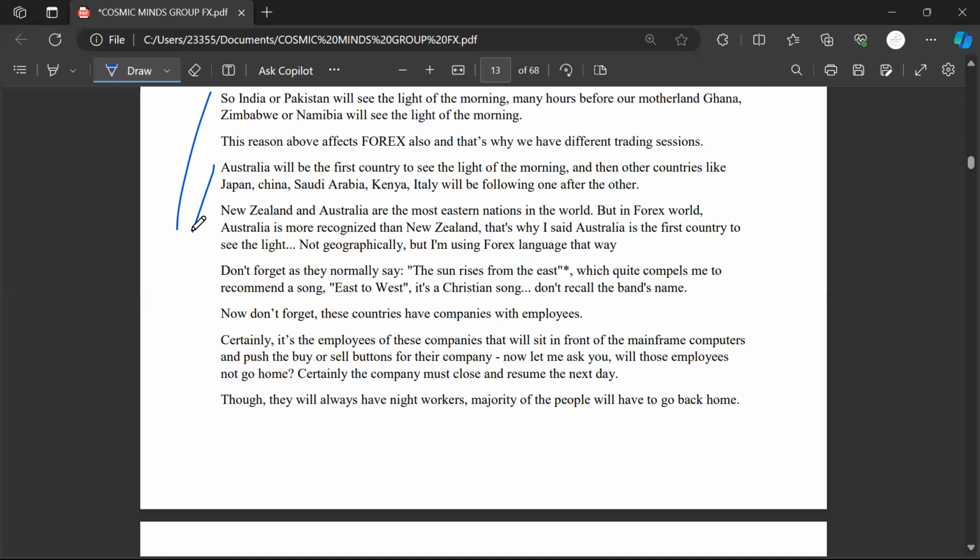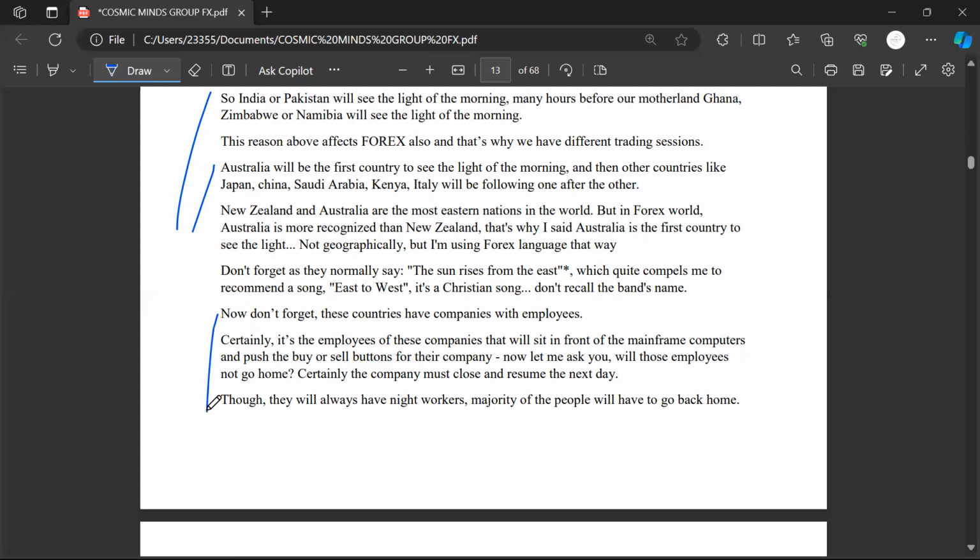That is why I said Australia is the first country to see the light, not geographically, but using forex language. As they say, the sun rises from the east.